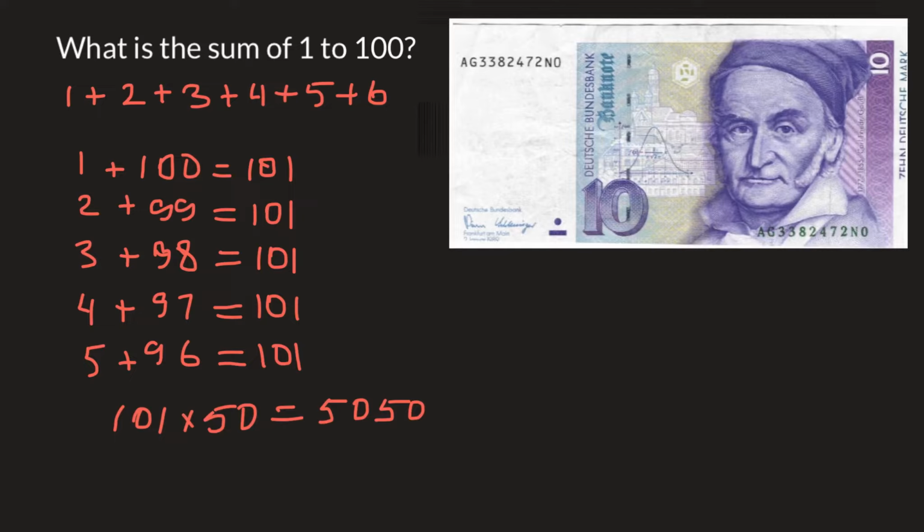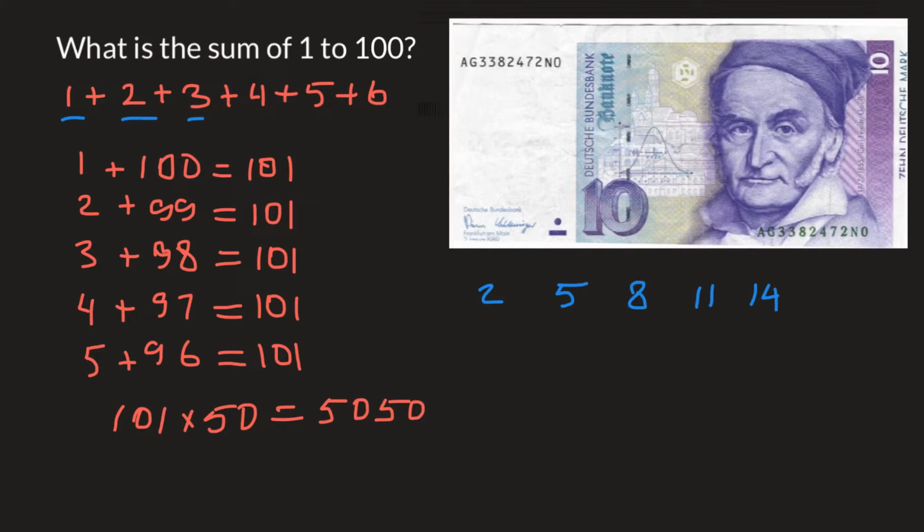For example, we may have another sequence. It's not necessary that the sequence has to be like 1, 2, 3. The sequence can be, for example, 2, 5, 8, 11, and 14.